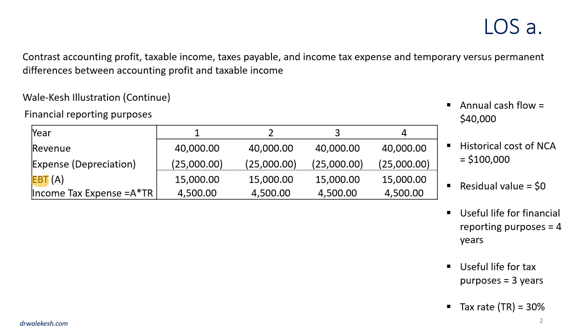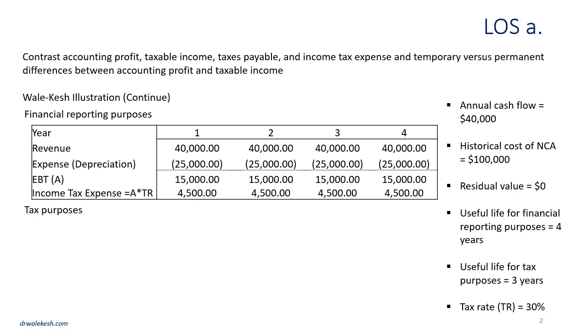Then the accounting profit or earnings before tax would be revenue less the depreciation expense, which is 15,000 US dollars. So to compute the income tax expense, it will be the earnings before tax, which is this, then times the tax rate. The tax rate is 30%, then we should have this.